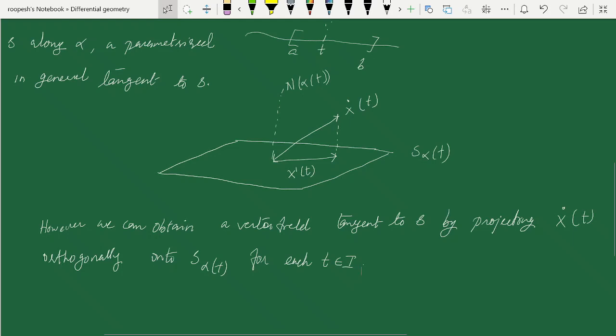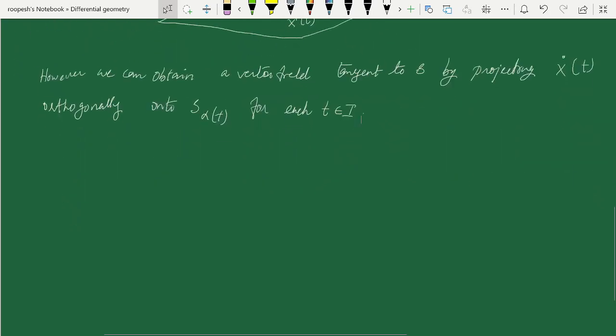So we'll get another vector x dash of t, and we will say that this is the covariant derivative.